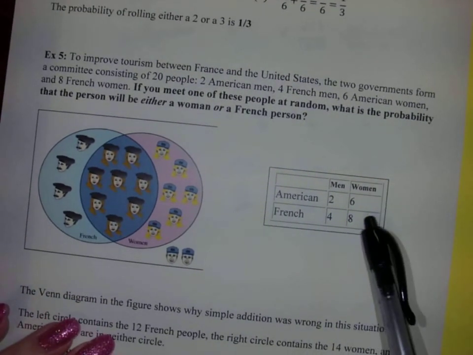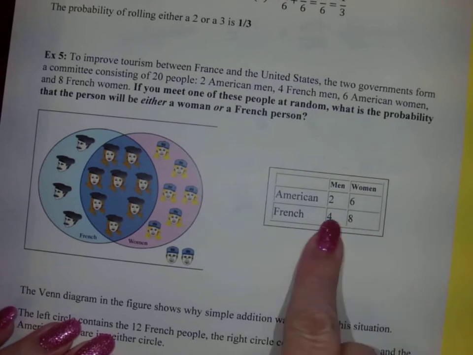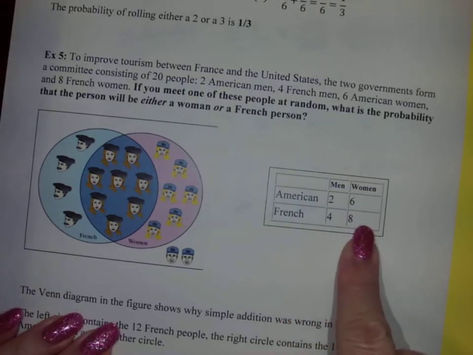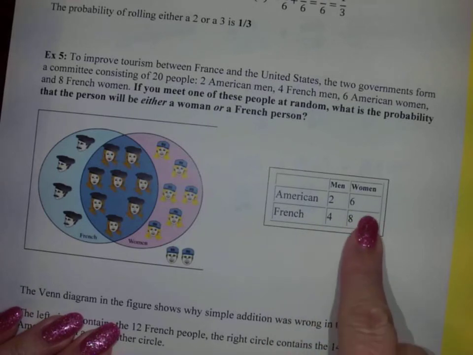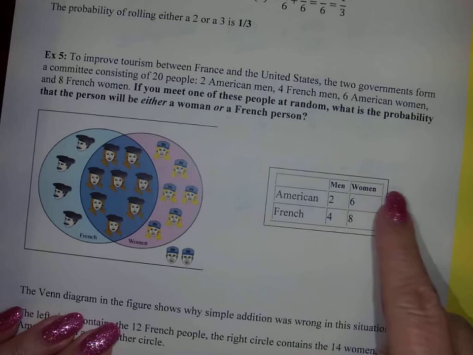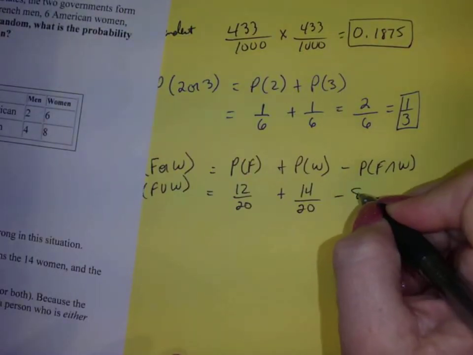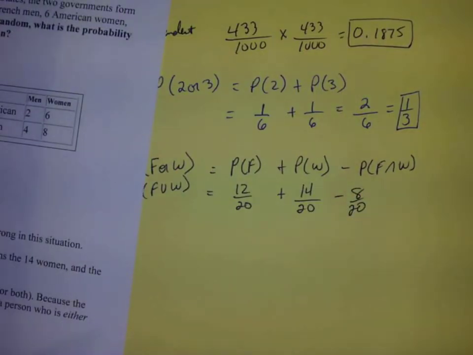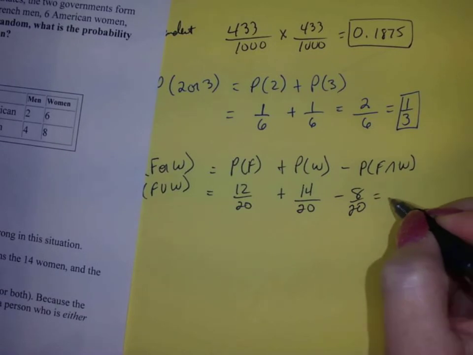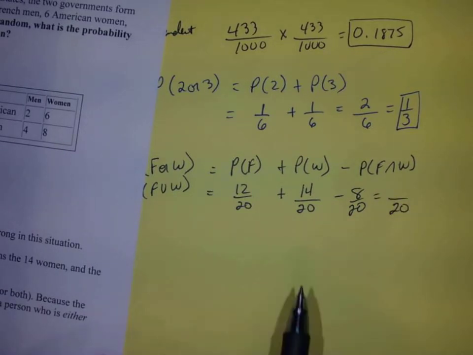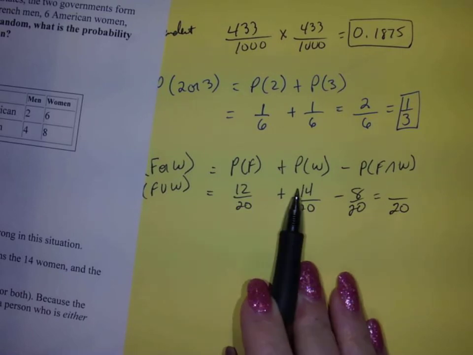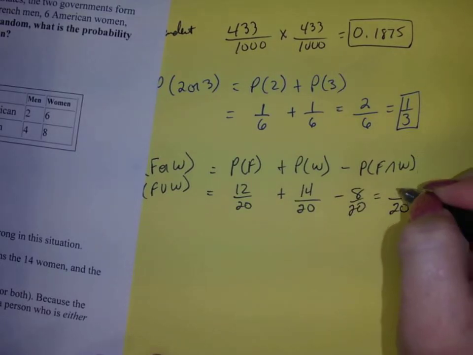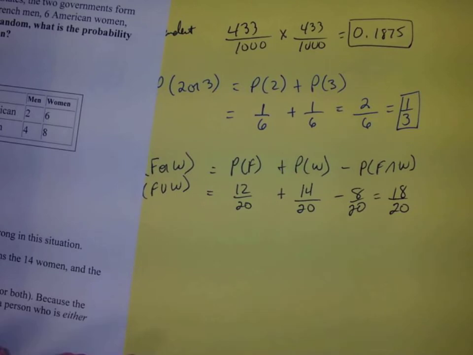So we have to take out the 8 because we've included all the French, we've included all the women, but we've counted the 8 twice because they counted in the French category and the women category. So there are 8 French women, so we need to subtract that. All right, so on the bottom we're still left with the 20, but if we add this, 12 plus 14 will get us 26, minus 8 will get us 18 out of 20.